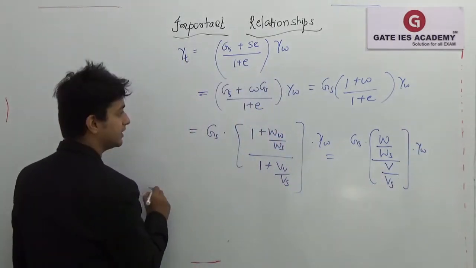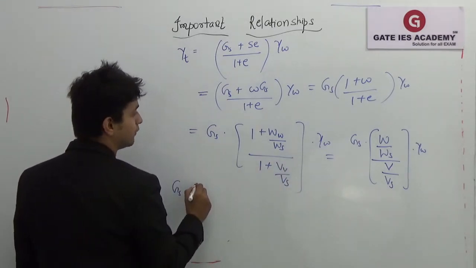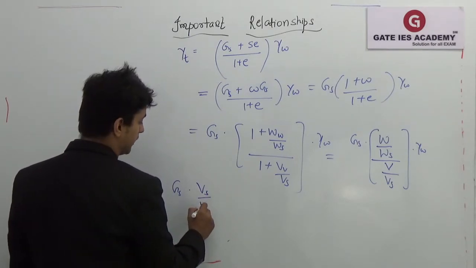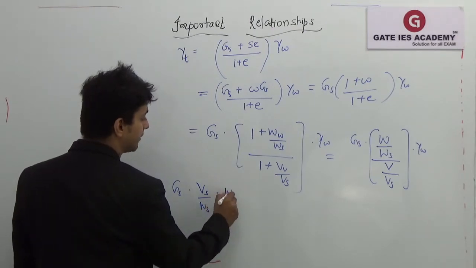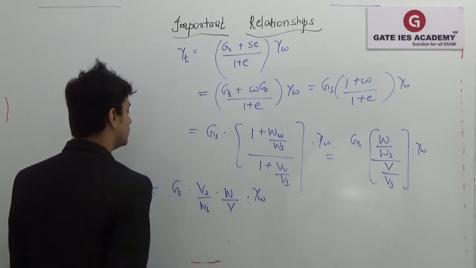So it will be nothing but equal to Gs into Vs by Ws into capital W upon capital V into γw.